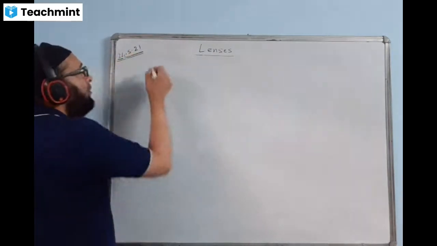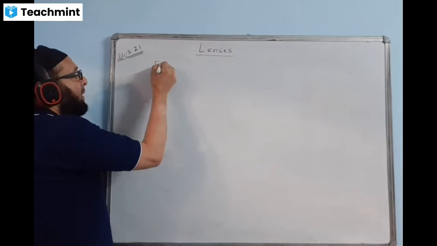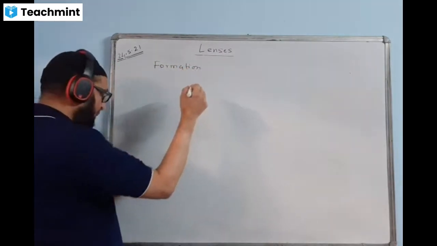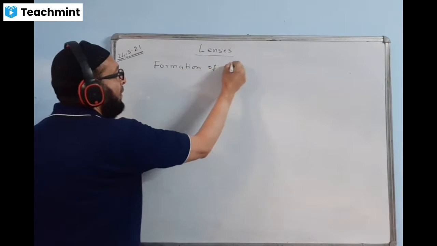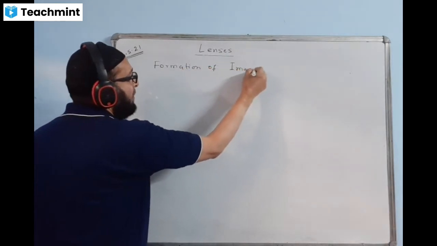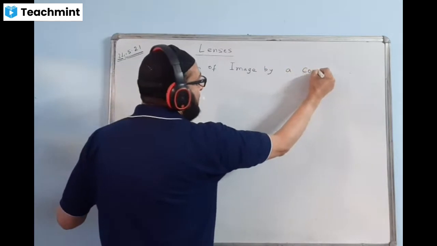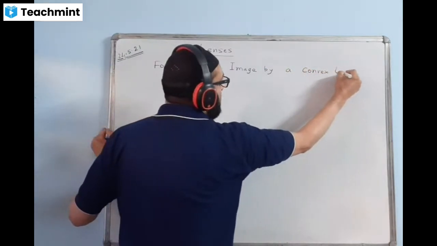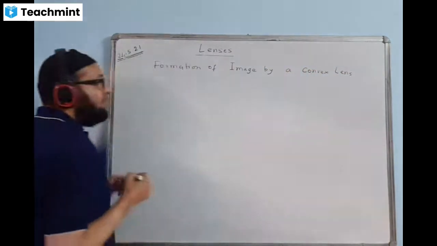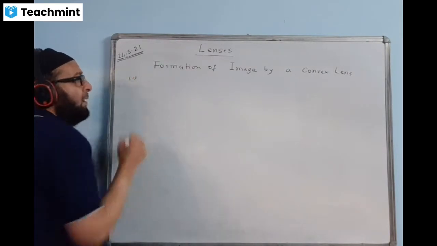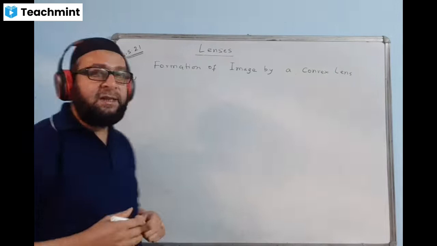Okay. Now the next part we are doing is formation of image. This is the important part actually. Formation of image by a convex lens. Here we have 6 cases.